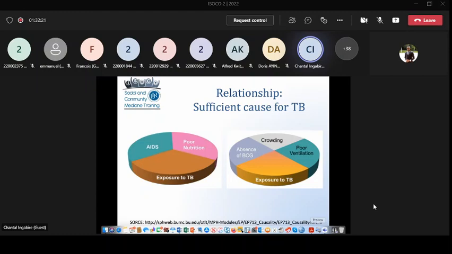If that person is going to get in touch with TB, automatically it will lead to contracting the disease. So those are the sufficient causes, for instance, for someone to get TB. You're having AIDS, but you're also having poor nutrition.